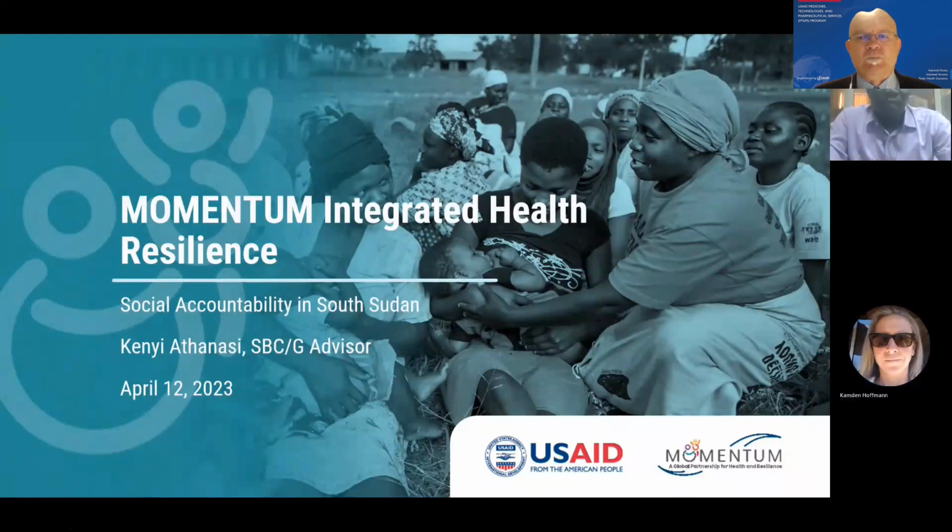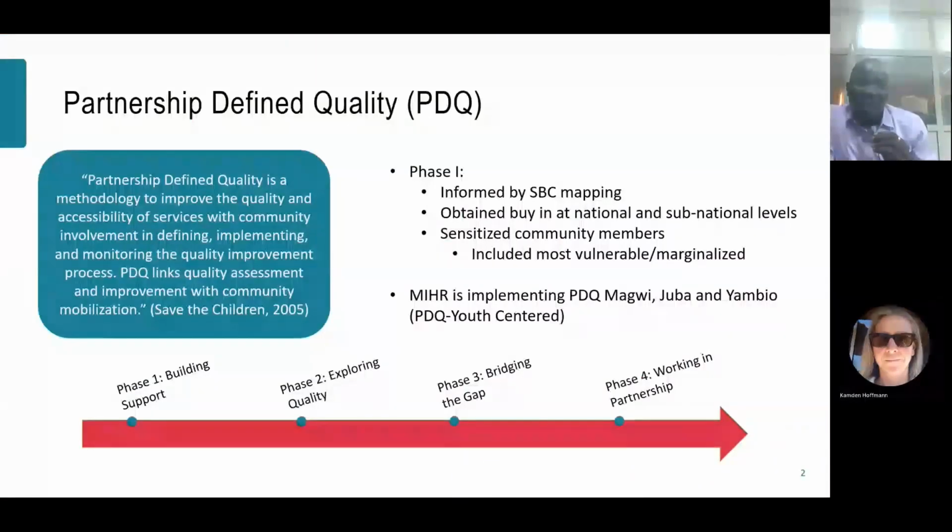Good morning, good afternoon, everyone. I am Kenny Athanasius, working for Momentum Integrated Health Resilience in South Sudan. In regards to the background of social accountability in South Sudan, as all of you know, South Sudan is one of the conflict-ridden countries in the world, and this is a fragile setting.